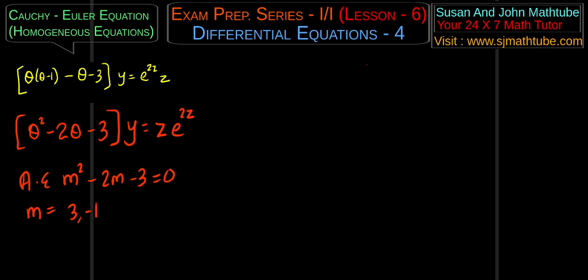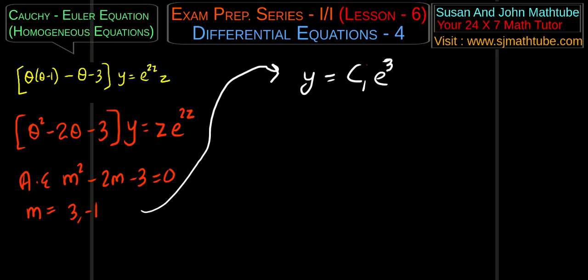Now one warning, as seen in many answer papers, the CF, what's the CF? Can you guess? C1 e to the power 3, is it x? No. That's very important. If you said x, please be aware of it, because in many answer papers people tend to write x. There is no x. Once we substitute, that x disappears.